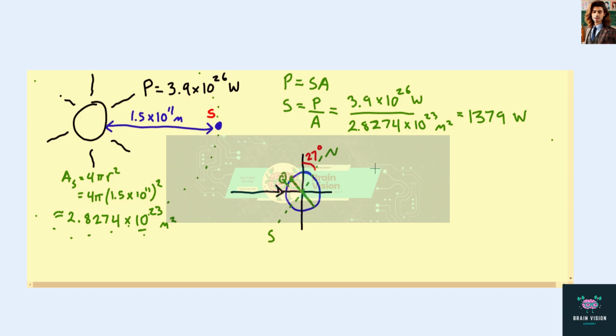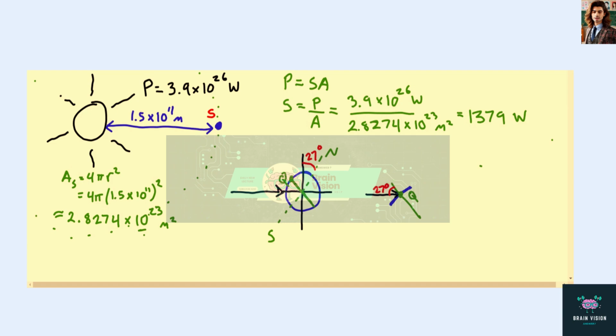Let me zoom in even closer for us to take a good look at that. So here's the surface of the Earth. Here's the equator. And our point Q. Now the light that comes in and strikes that point, we're going to see that it connects with the equator at an angle that is also 27 degrees based on the trigonometry of it.